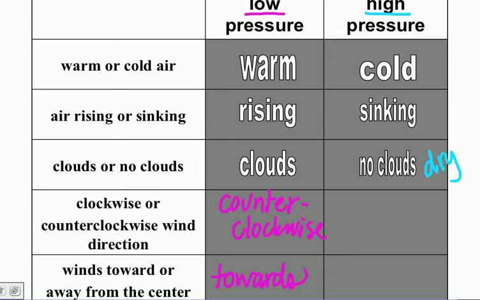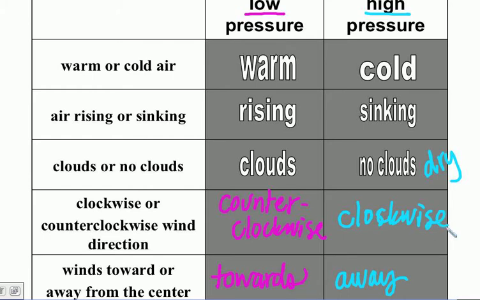High pressure, the air is leaving the system, going from the high to the low, away from center, and as it does that, it is going in a simple clockwise direction.